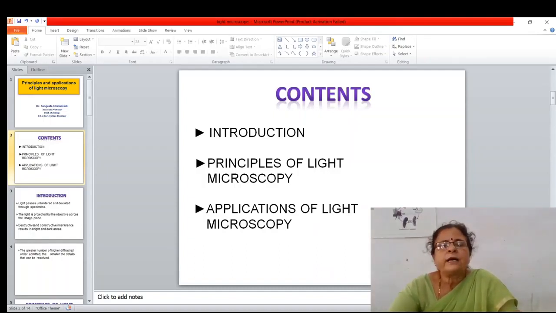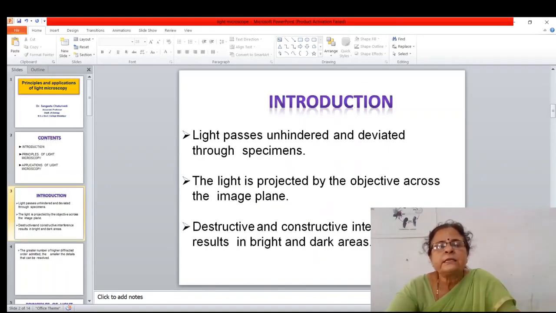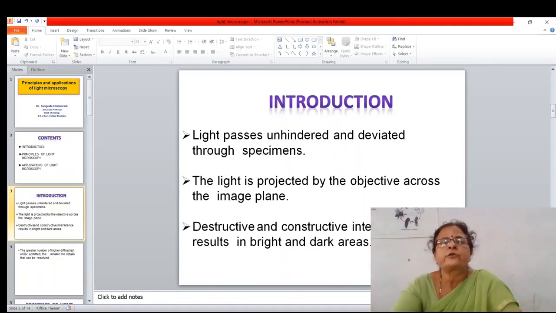Light microscopes are the easiest mode of magnification of objects because they are easily available, usable by students even at school level, low cost, and many other simple techniques are feasible when we use light microscopy.